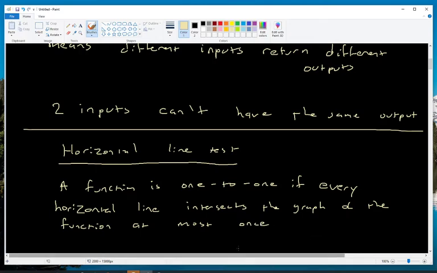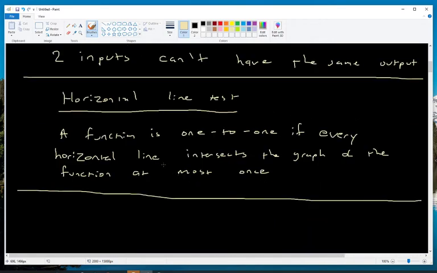So basically, if we have a graph, now we can tell if the function is one-to-one, and if the function is one-to-one, then it is invertible, which means an inverse exists. So the nice property we're going to use for one-to-one functions is once we figure out the function's one-to-one, then we can go ahead and figure out the inverse of it.